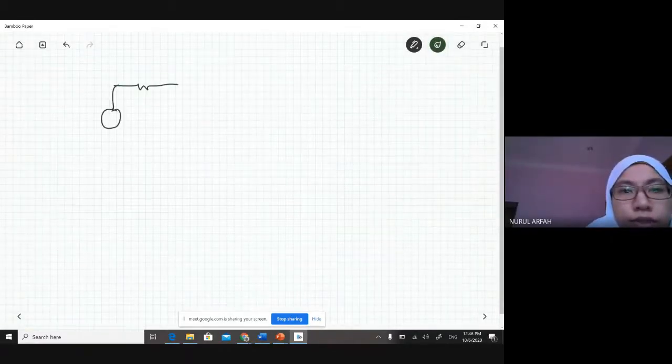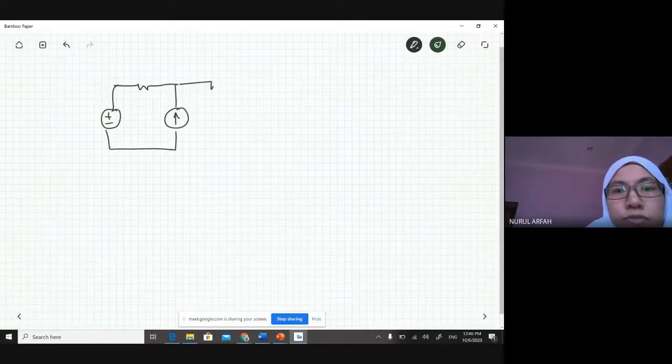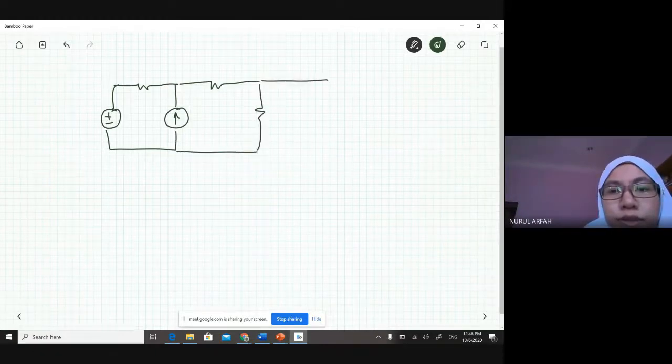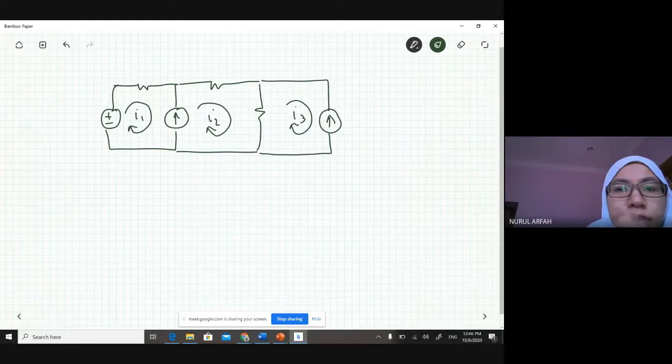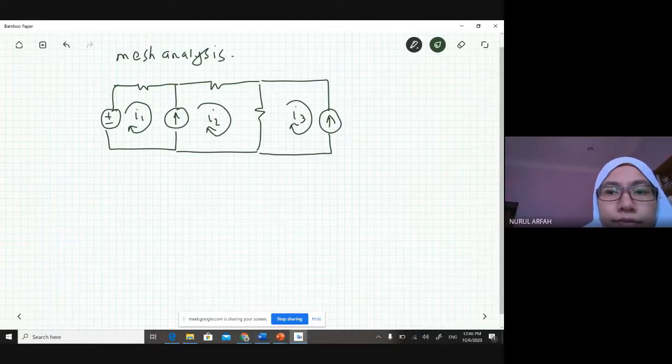Let's say you have a resistor, then voltage, and maybe this is a current source, something like this. The resistor, and then this is a current source. Okay, and I said we need to have an imaginary current. For this mesh analysis, you only build up equations at some loops like this, but not loops like this.